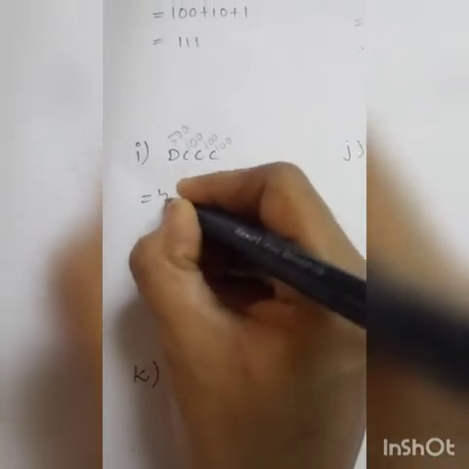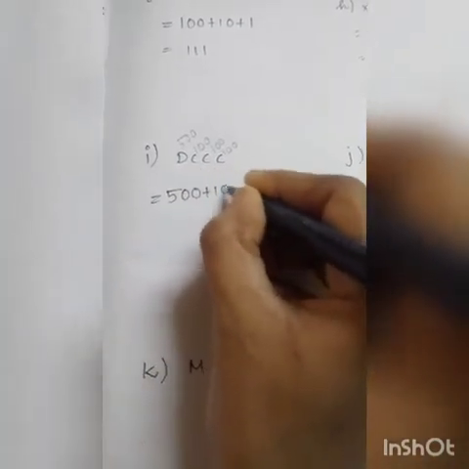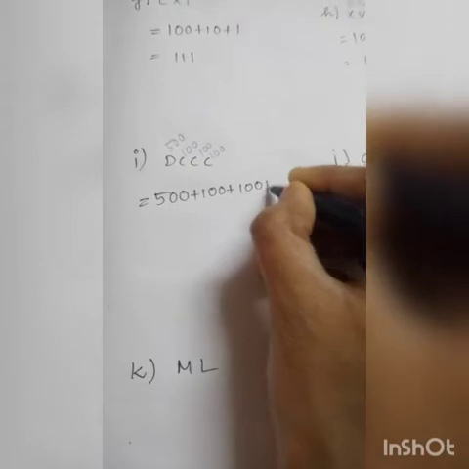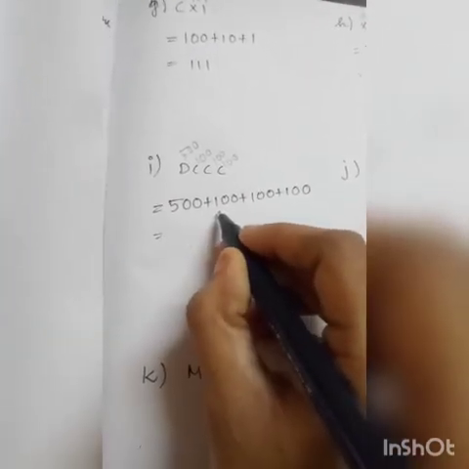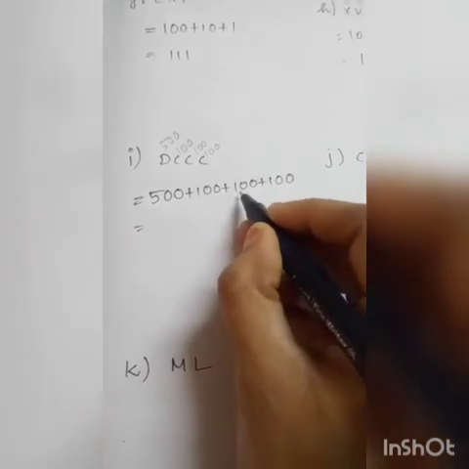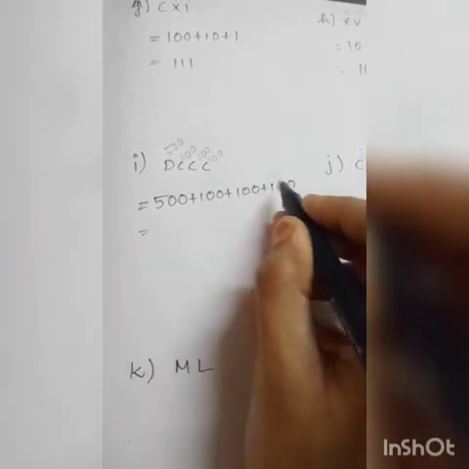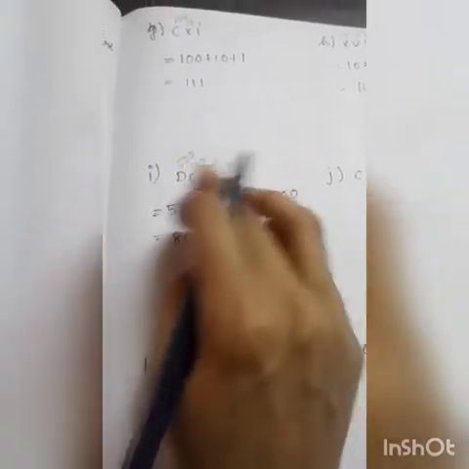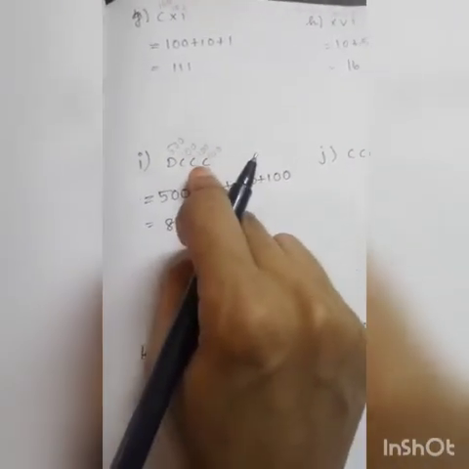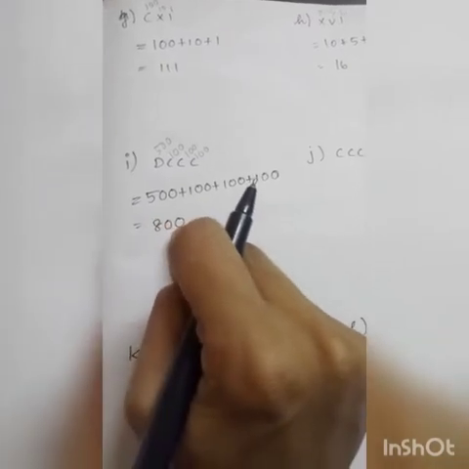You can directly add the values 500 plus 100 plus 100 plus 100. Okay, now 500 plus 100, 600. 600 plus 100, 700. 700 plus 100, 800. So what is the answer for this Hindu-Arabic numeral for this DCCC? 800. Understood?